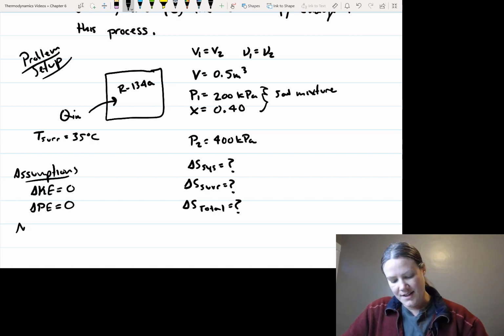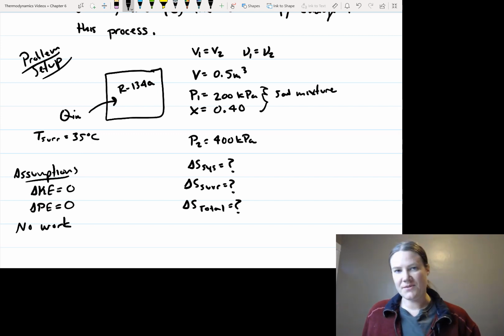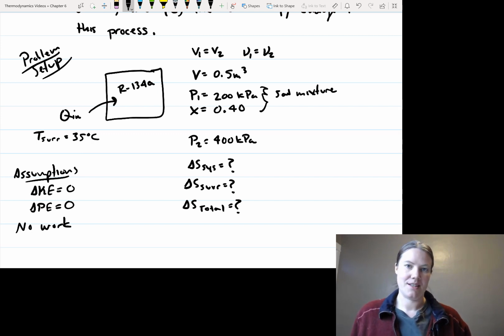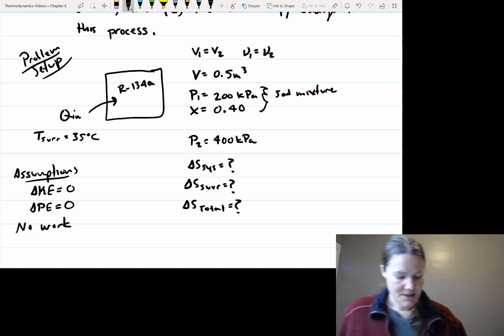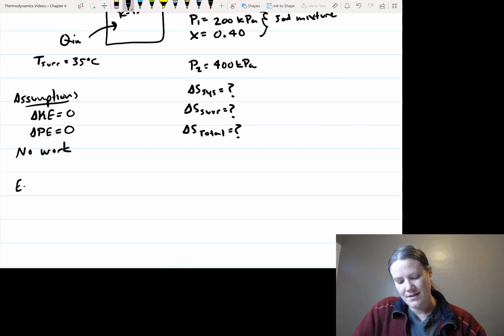And then there's also no work. It says there's heat being transferred in, but it doesn't say anything about a paddle wheel, there are no moving boundaries, so we don't have boundary work. There's no electrical work, at least not that it's told us about, so we can assume that the work is 0. So let's go ahead and write our equations.